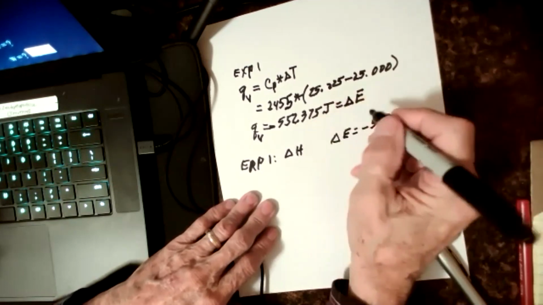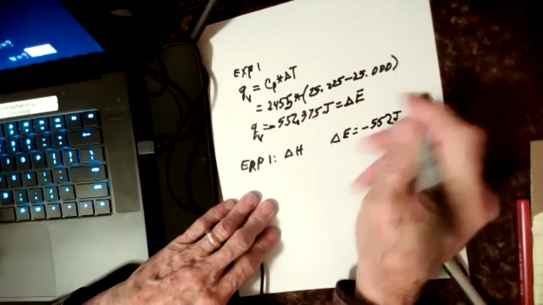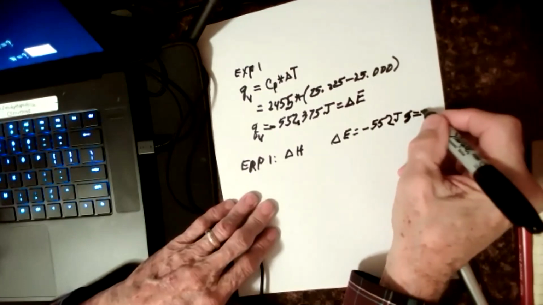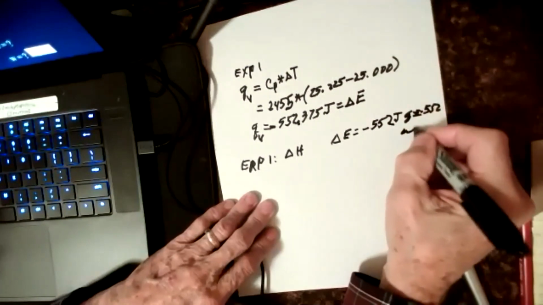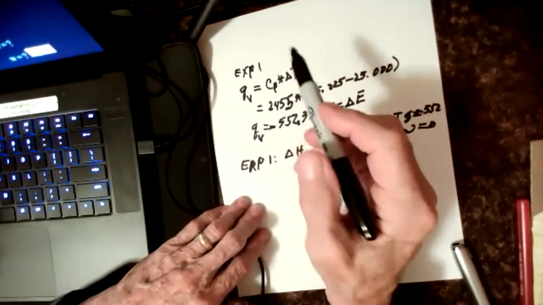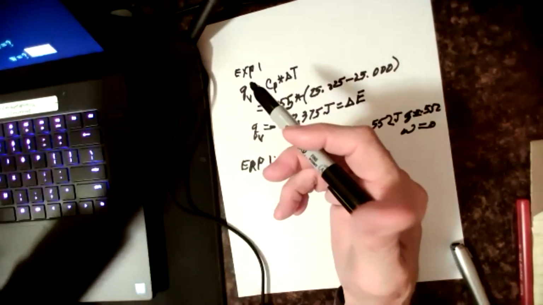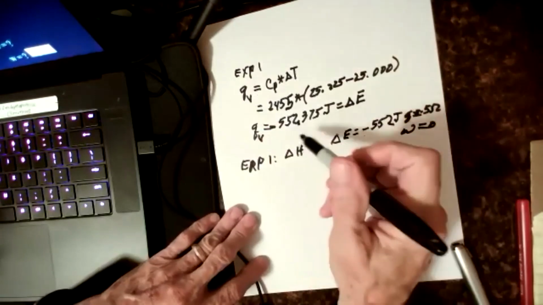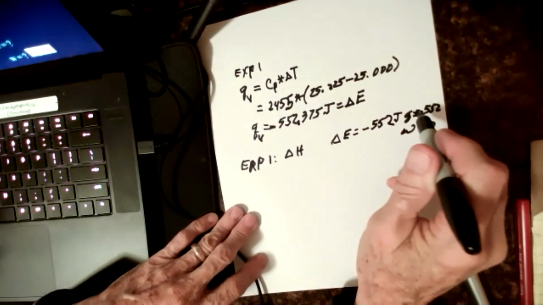I'm not going to carry all those digits across. I'm just going to round off to 552 joules. And then Q is also minus 552. And work is equal to 0 because it's constant volume. Anything at constant volume, no boundaries move. Look at the pictures. Boundaries are the same on both sides for my system. So I know E and Q and W in experiment 1.